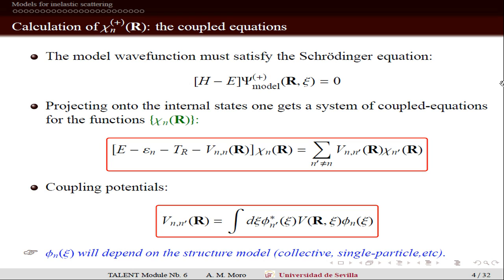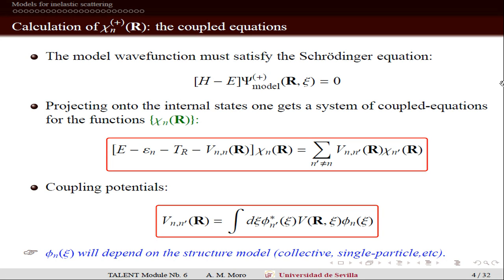So we have to describe, in this case, in some model, the states of the target, and the interaction between the projectile and target must contain a dependence on the internal coordinates of the target if we want to take into account this target excitation. Okay? So, for example, if this interaction is a pure point Coulomb potential, this does not produce any excitation.